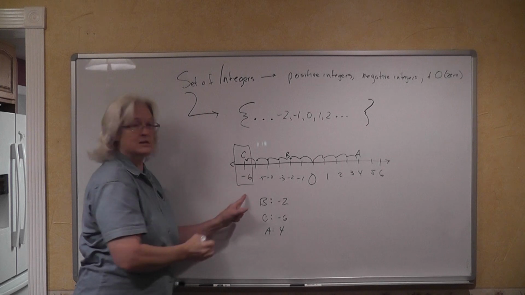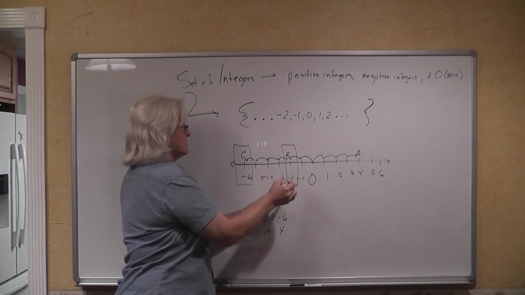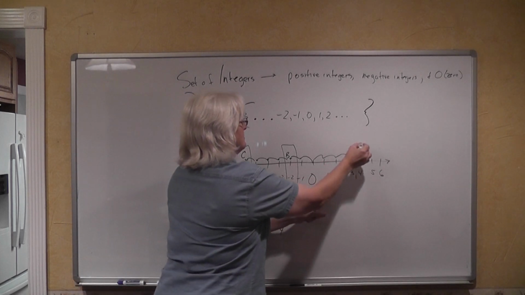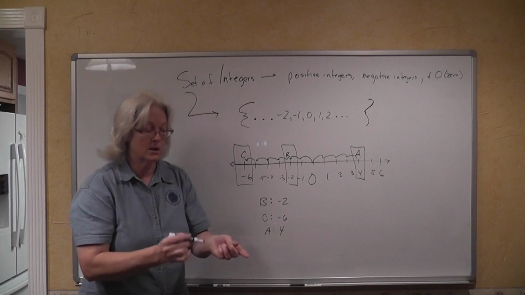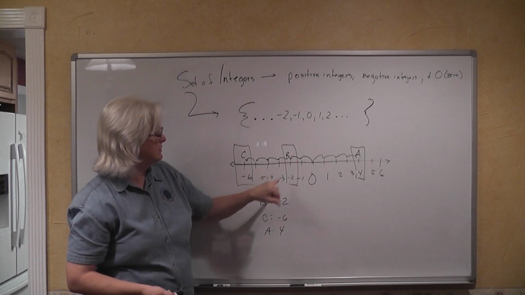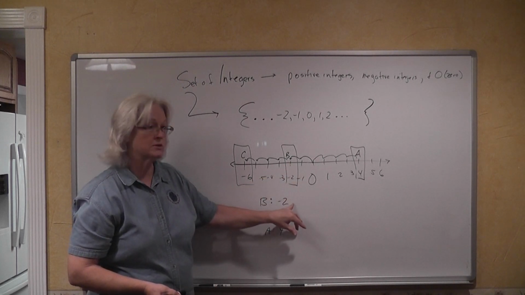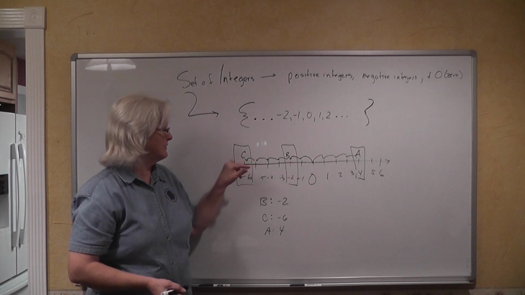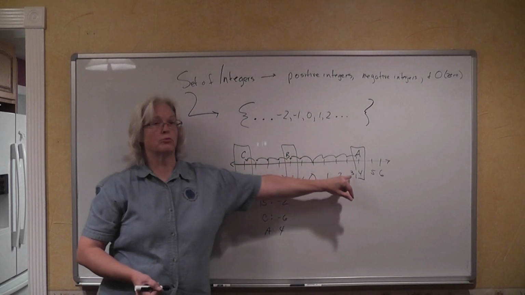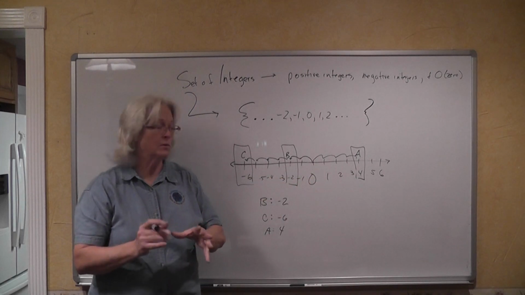C shows up as a -6, B shows up as a -2, and A shows up as a +4. And we got those numbers by seeing how many units to the left of 0 B was, which was 2, how many units to the left of 0 C is, which is 6, how many units to the right of 0 A is, which is 4.